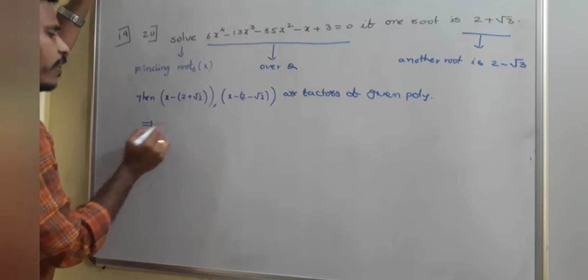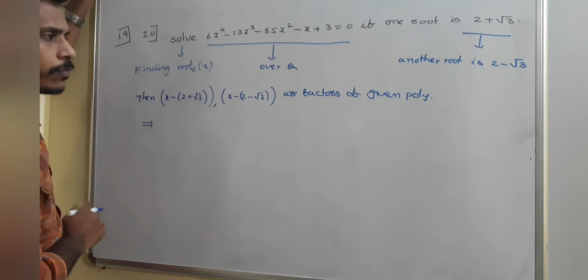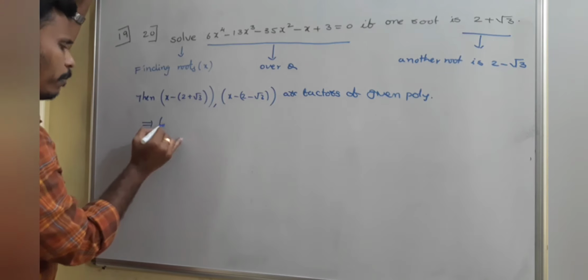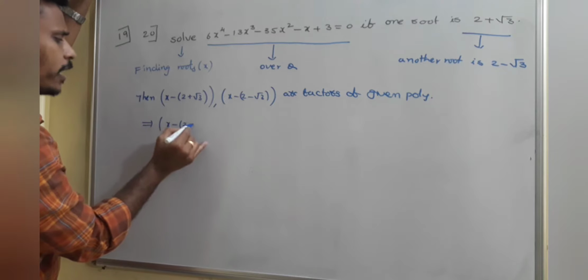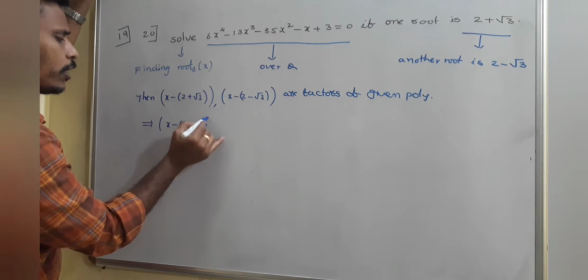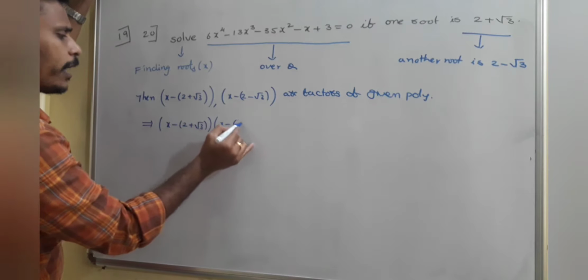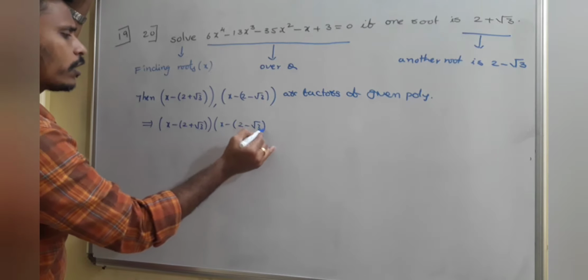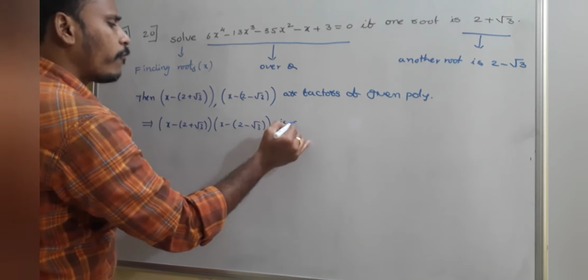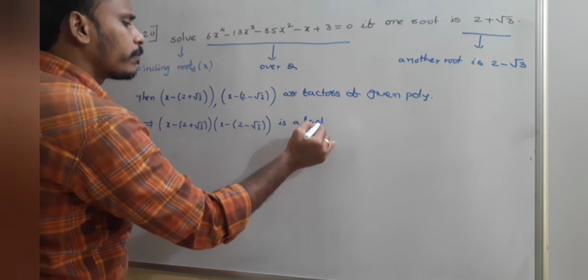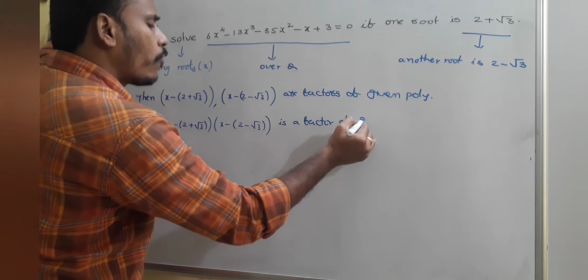That implies directly I will do the product of these two. Maybe I will write it for you: (x - (2 + √3))(x - (2 - √3)). This product is a factor of the given polynomial.